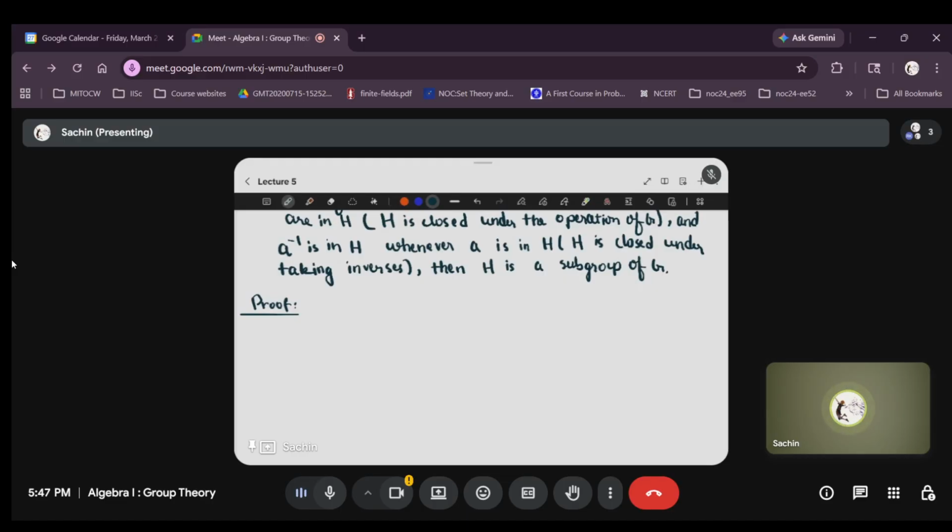But you don't have to construct the inverse separately for a matrix in the special linear group. You can simply take the inverse of that matrix in the general linear group. You only have to test whether that has determinant 1. So that is one use of dealing with subgroups instead of groups.